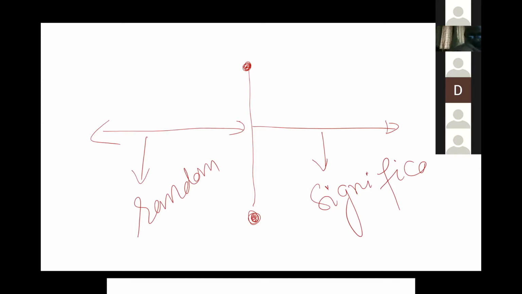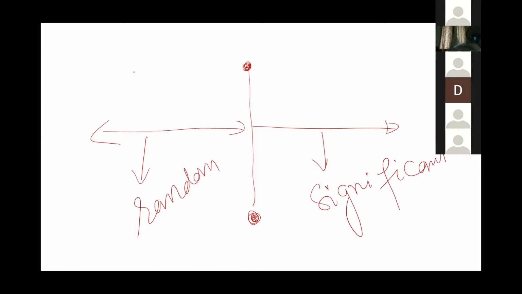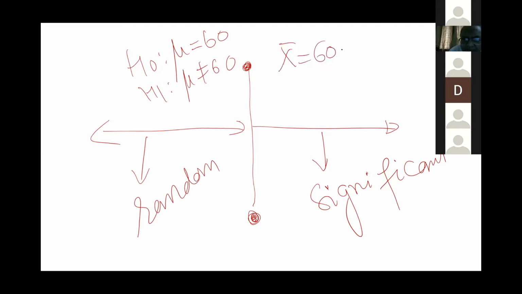Please understand it. For example, again, I take that simple example: mean is equal to 60, alternatively, mean is not equal to 60. Suppose my sample mean is coming to be 60.01. Now, is it a significant difference, or is it because we have taken a sample and sampling is creating that difference?